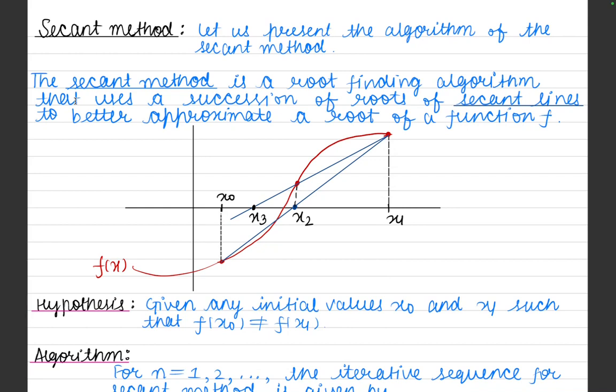So this is called the secant line. The point at which this intersects the x-axis is your second iteration, and this is called x2. So x2 comes from this equation of line, and this is precisely the blue line.